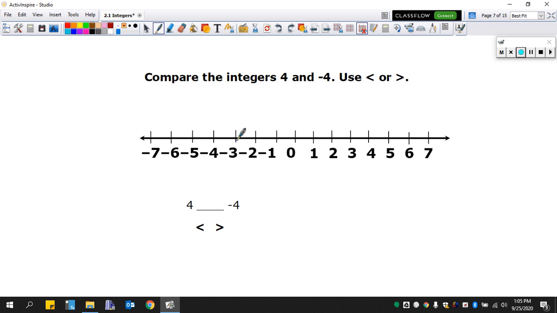Positive 4 and negative 4. Well, negative 4 is down here, positive 4 is up here. Obviously, positive 4 is to the right of negative 4, so positive 4 is greater than negative 4.